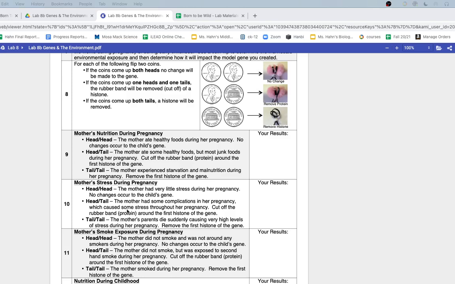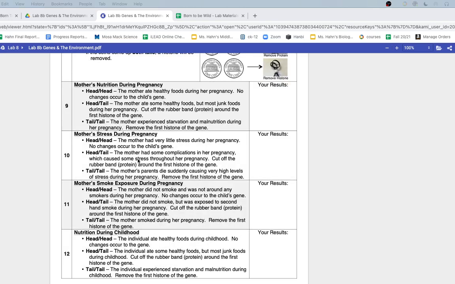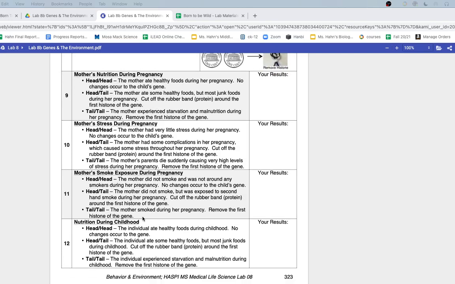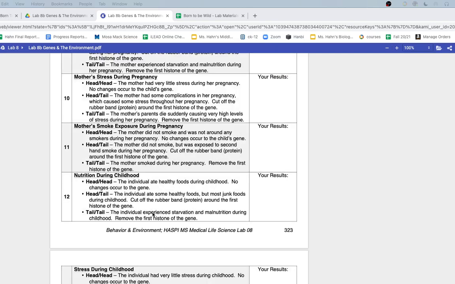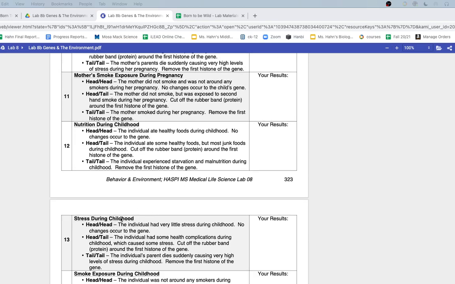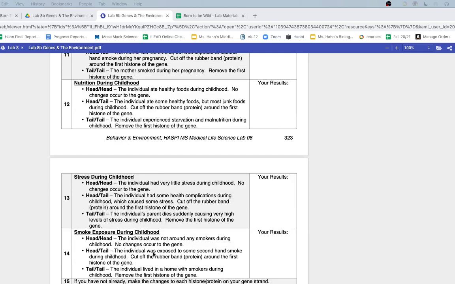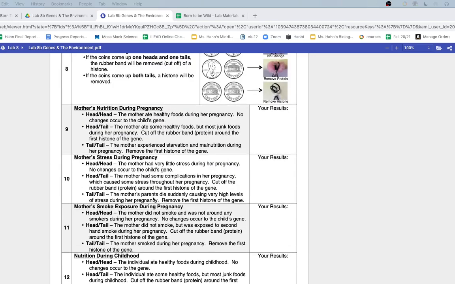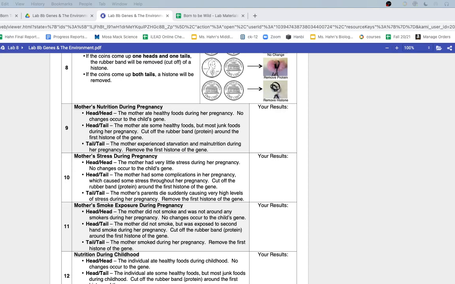Her stress is also going to affect the gene expression, whether she's exposed to smoke, the nutrition of the child, the stress of the child, and smoke exposure. So a lot of these are affecting our DNA when we're developing as a baby, unborn baby, and also as a young child. So let me go ahead and get my coins.